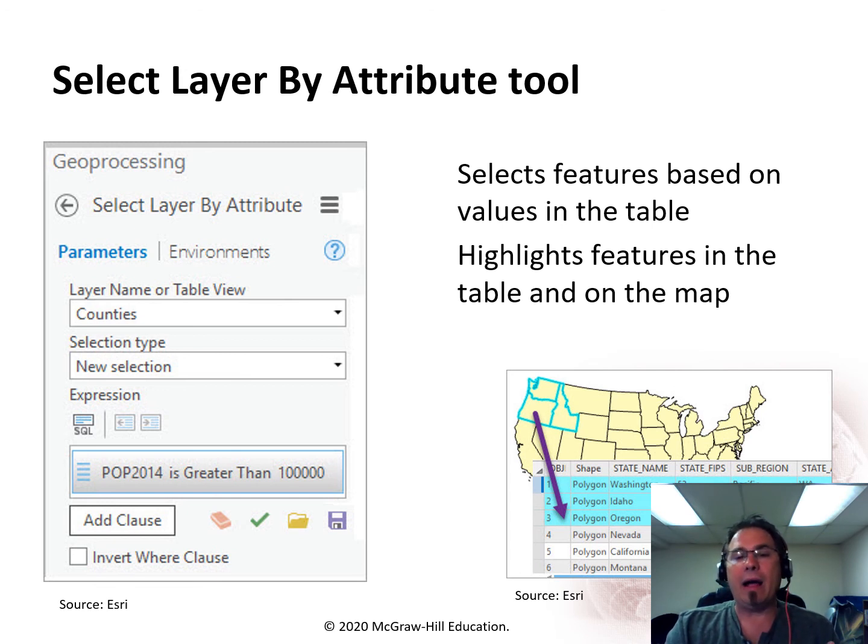I typically like to export my data to take it from all 50 states down to those three, and then just put away, not delete, the original data set, so I'm only carrying around what I need. So select by attribute is a massive thing that you're going to do constantly in ArcGIS.